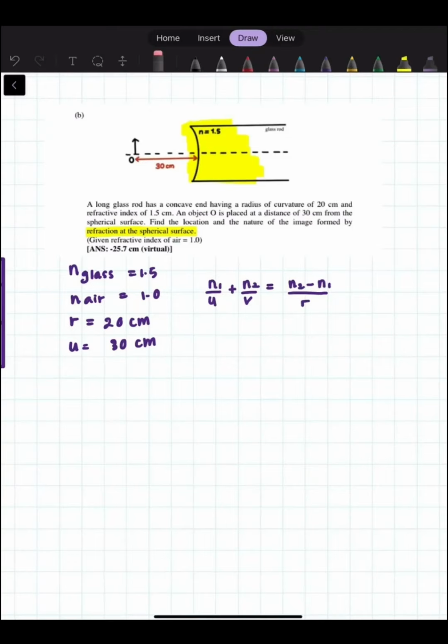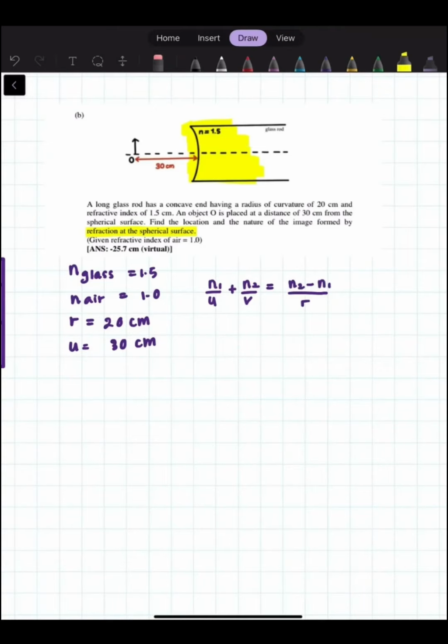Usually refraction happens between two media. The media we have here are glass, with a refractive index n equals 1.5, and air with a refractive index of 1.0. The refractive indices of glass and air are constant, of course.